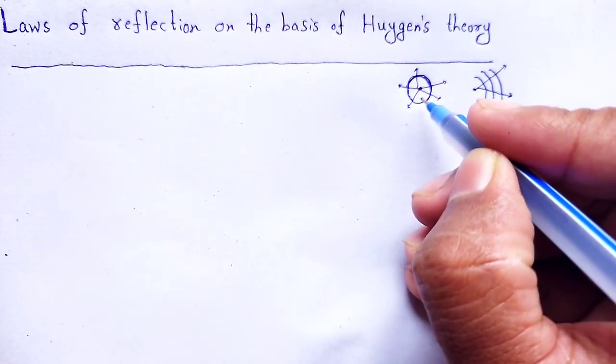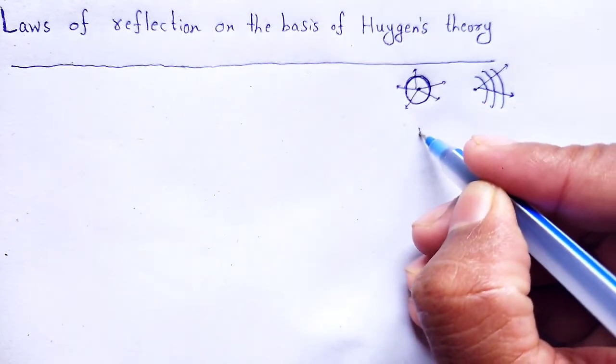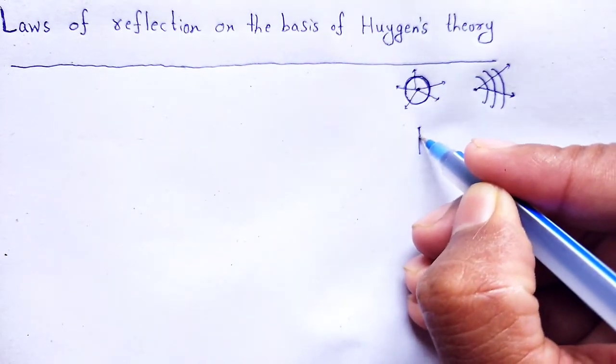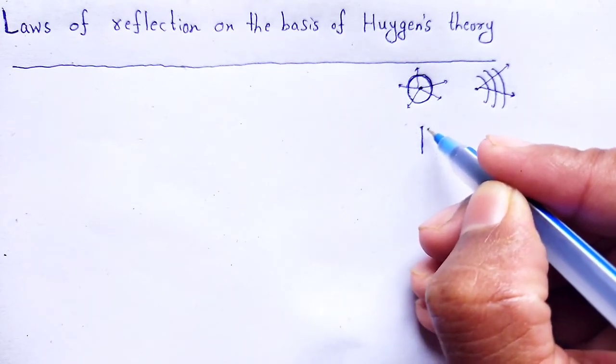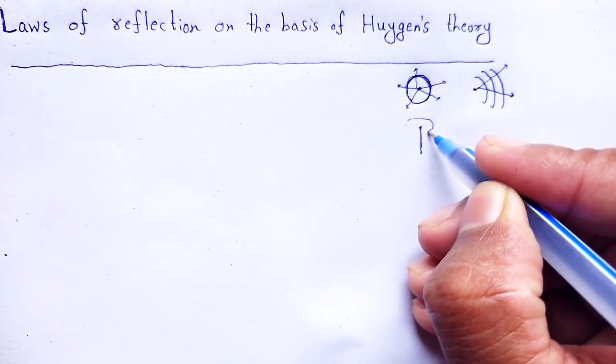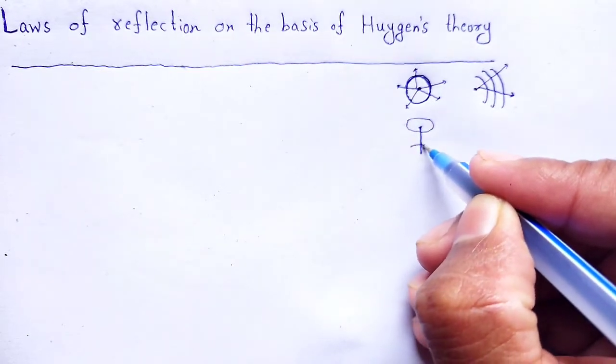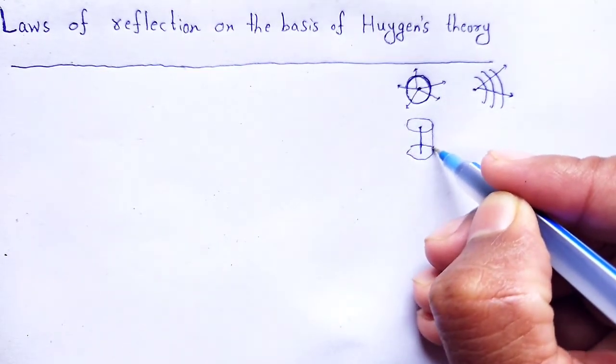If the source is a line source, the light emitted from that light source seems to be a cylindrical wavefront.